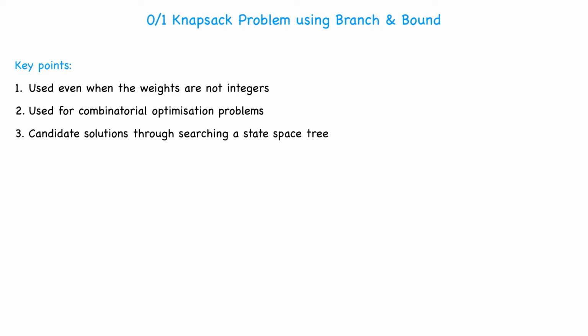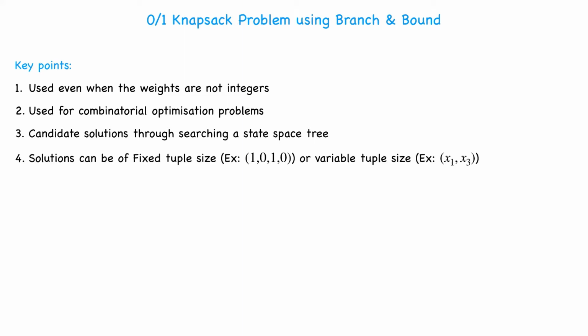Branch and bound works based on the state space tree, but the solutions can be represented in two different forms. One is a fixed tuple size or a variable tuple size. With fixed tuple size, suppose we have 4 items, n is equal to 4, we can either include or exclude an item in the form of binary ones and zeros.